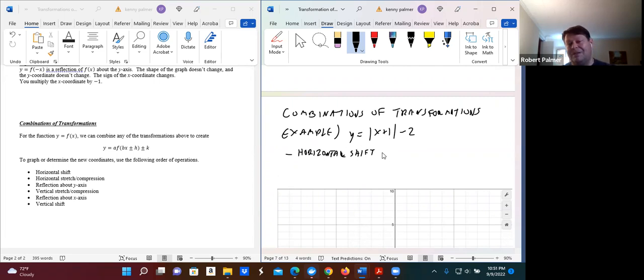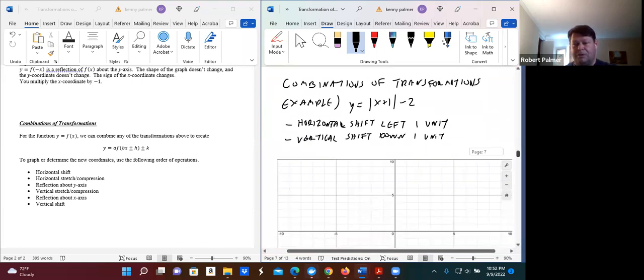So it's a horizontal shift left 1 unit. And then the other factor is the vertical shift, and remember the sign is what you'd think. Negative, so it's down. It's going to be a vertical shift down 2 units.